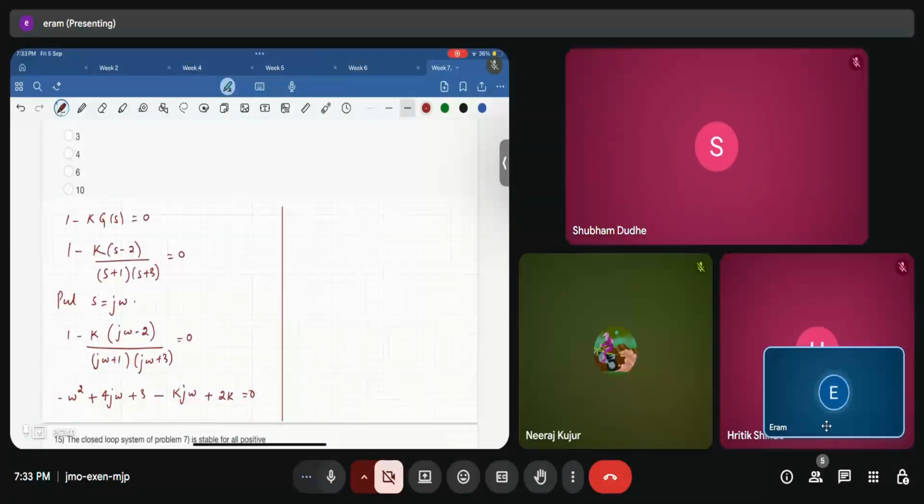Let's keep the real and imaginary parts separately. So the real part is minus omega square plus 3 plus 2k, and the imaginary part is plus 4j omega minus kj omega, equals 0. Both the real and imaginary parts should be equal to 0 to match the RHS.